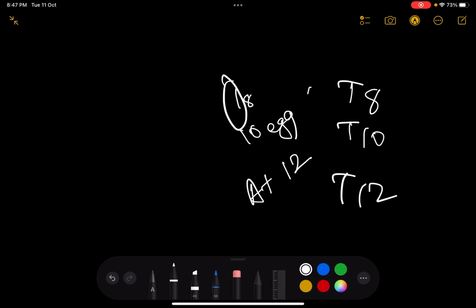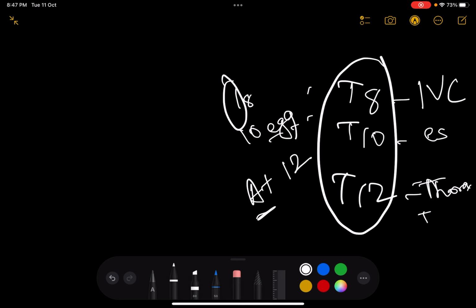So I is inferior vena cava, 10 egg, so EGG, esophagus, at 12 is thoracic aorta and the thoracic duct. Okay, this is the mnemonic that I like to remember: I ate 10 eggs at 12, and I find this mnemonic quite slick.